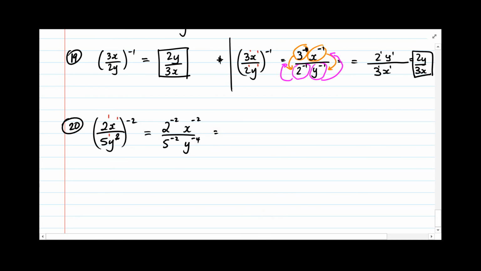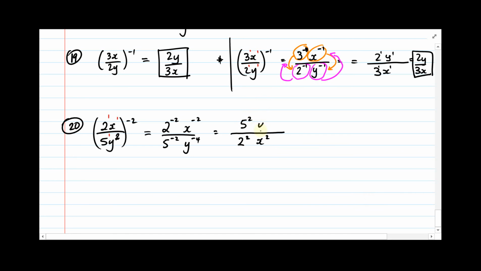Each item with a negative power, I will move its position to get rid of that negative. So 2 squared comes down to the denominator, likewise x squared.